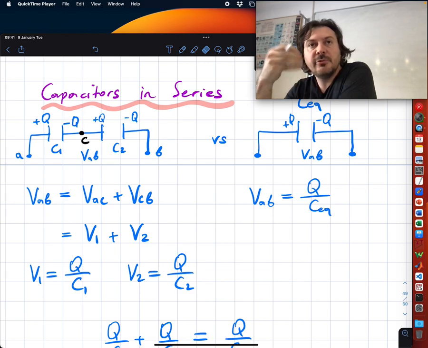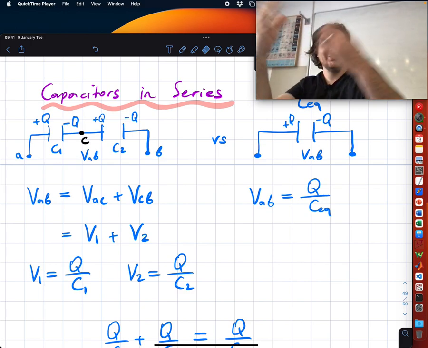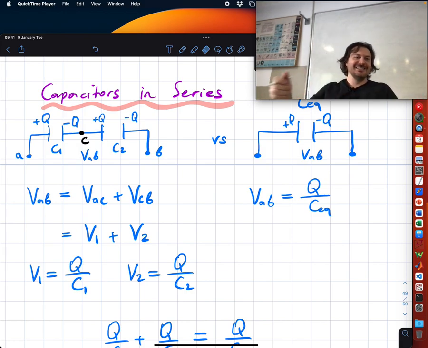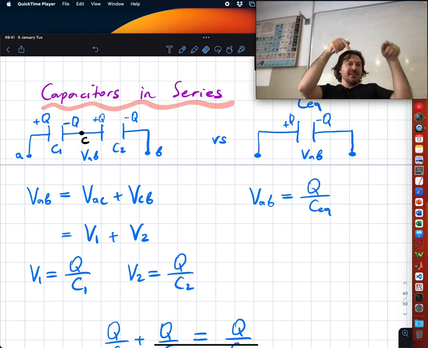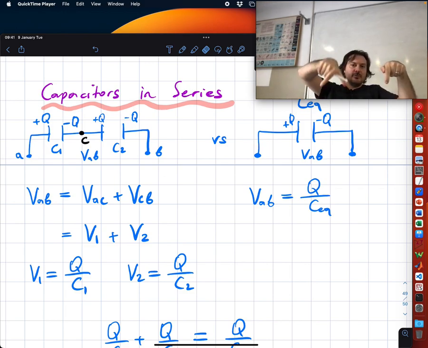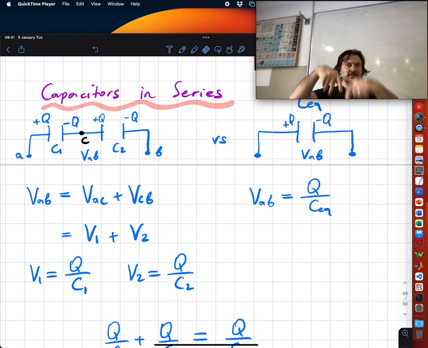Okay. You take a breadboard. You put a capacitor like this. You measure 1 farad, right? You put another one next to it. Make sure that the legs touch.